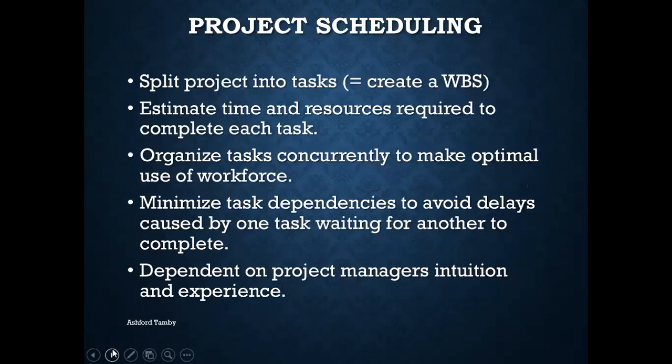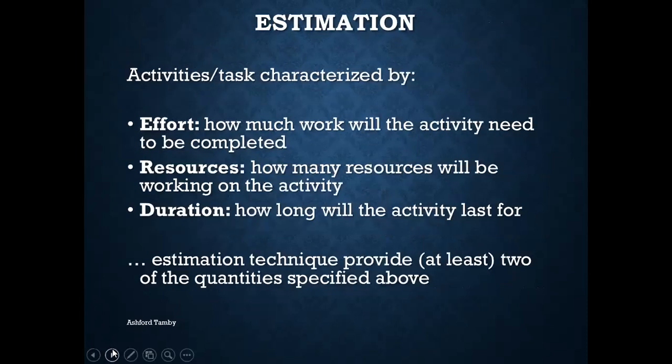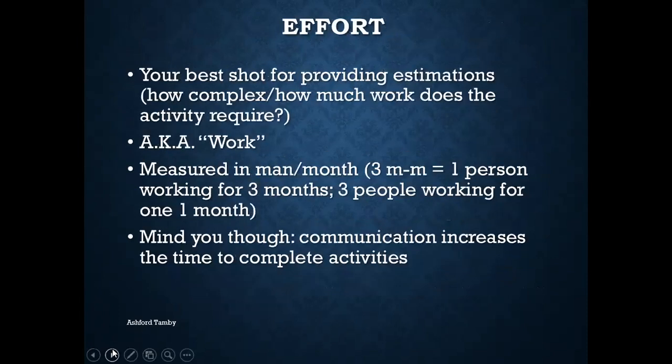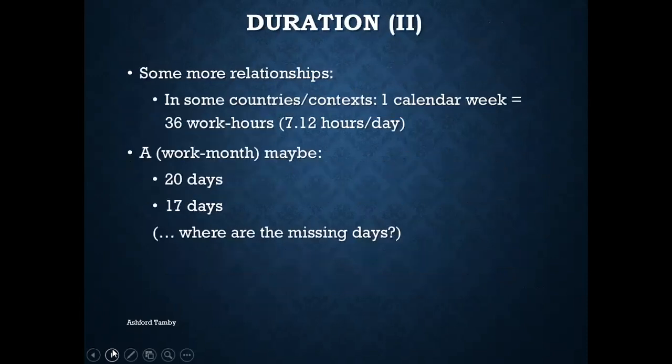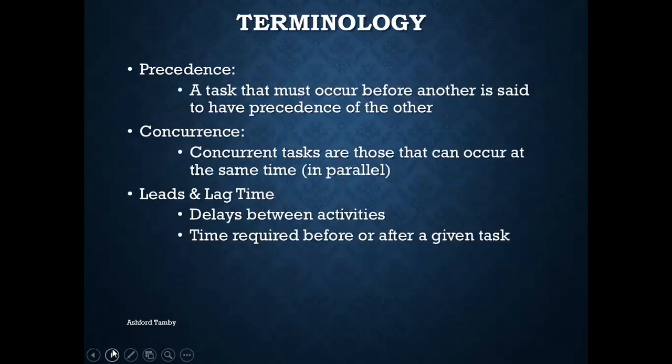These different things here about project scheduling are just definitions that you could read up on, right? About estimation, effort, resources, duration, the work that you have, calendar times that we spoke about. We spoke about this as well, right?